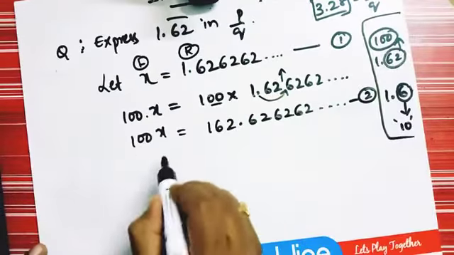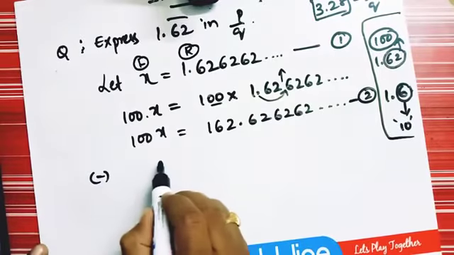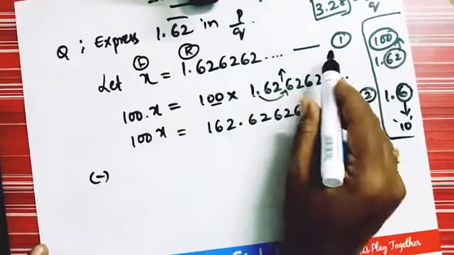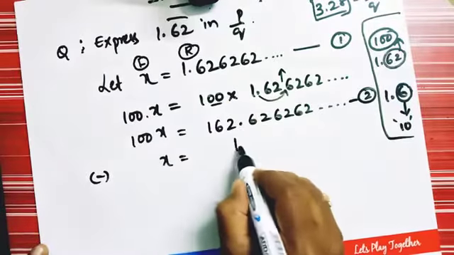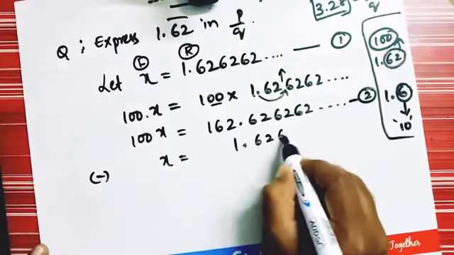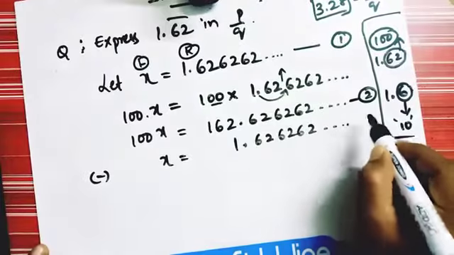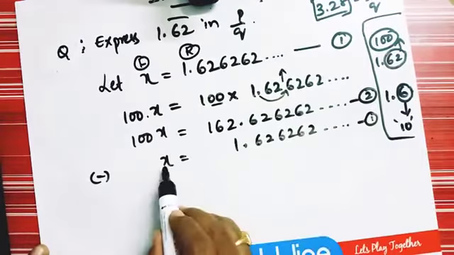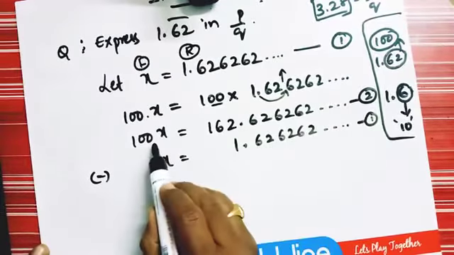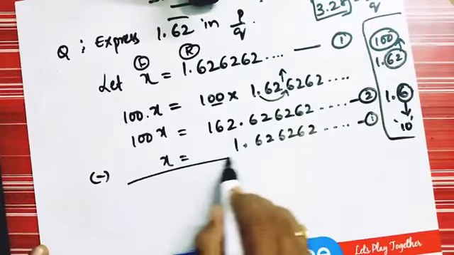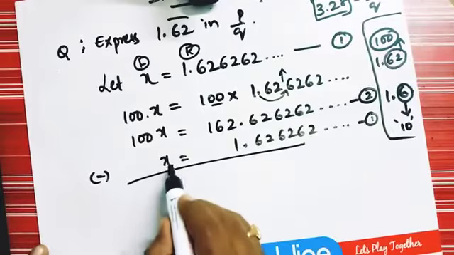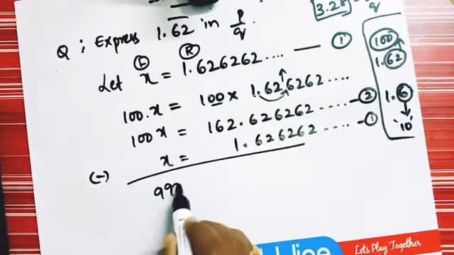The next step is subtracting the first expression from the second expression. The first expression is x equal to 1.62 and so on. The second expression is 100x equal to 162.62. Now if we subtract, 100x minus x, we get 99x.